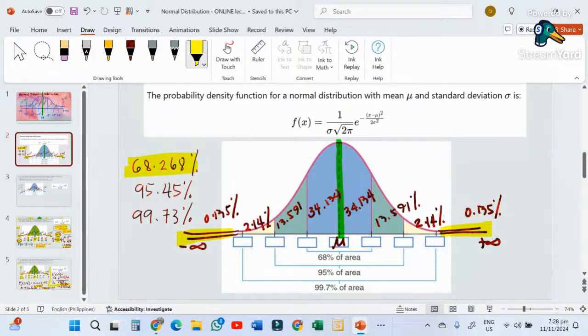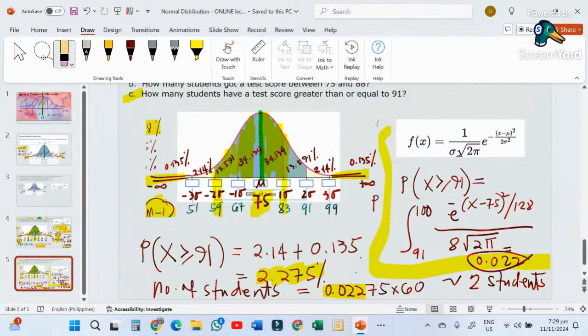So imagine the 0.268 that was not included when they defined it. Then that will give you a difference, or 95% area, which is actually 95.45, or 99.7, that should be 99.73. So all these estimates will have an effect in your final answer. However, you can peg into the number of significant figures that you're going to use to make them the same.